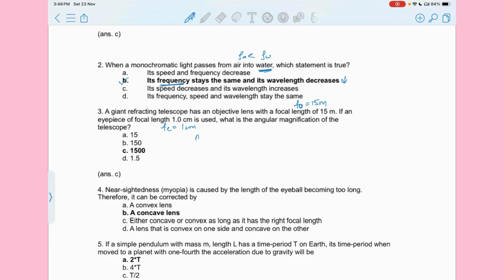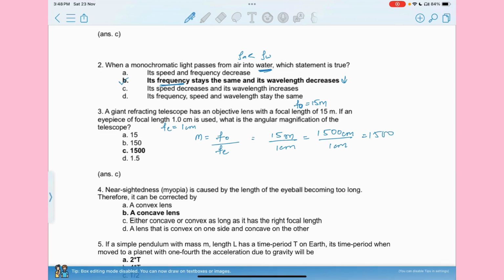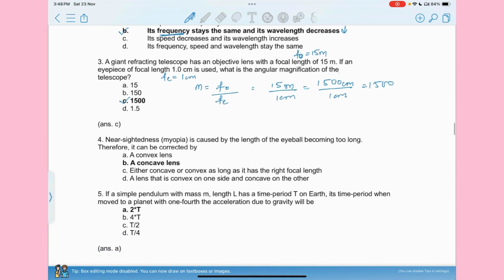We know magnification is equal to focal length of objective divided by focal length of eyepiece. So it will come to 15 meter upon 1 centimeter, converting the meter to centimeter, so 1500 centimeter upon 1 centimeter, that is 1500. Option number C.